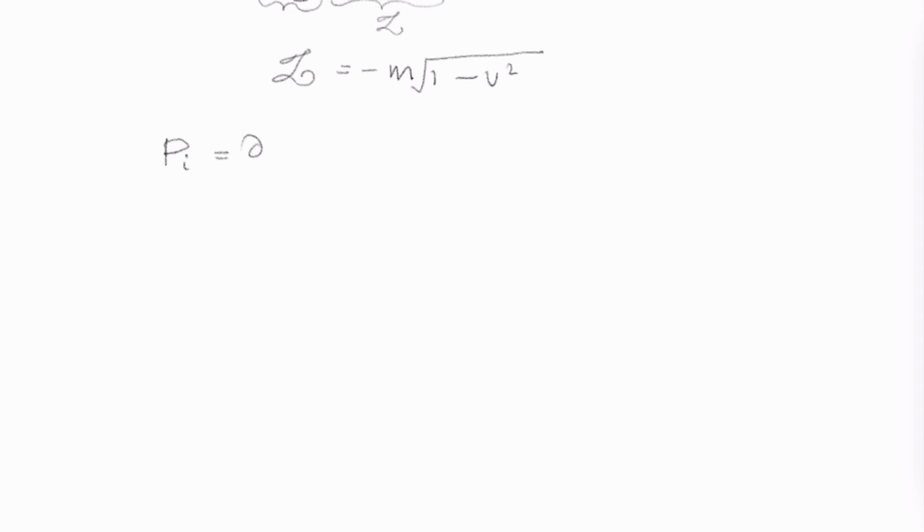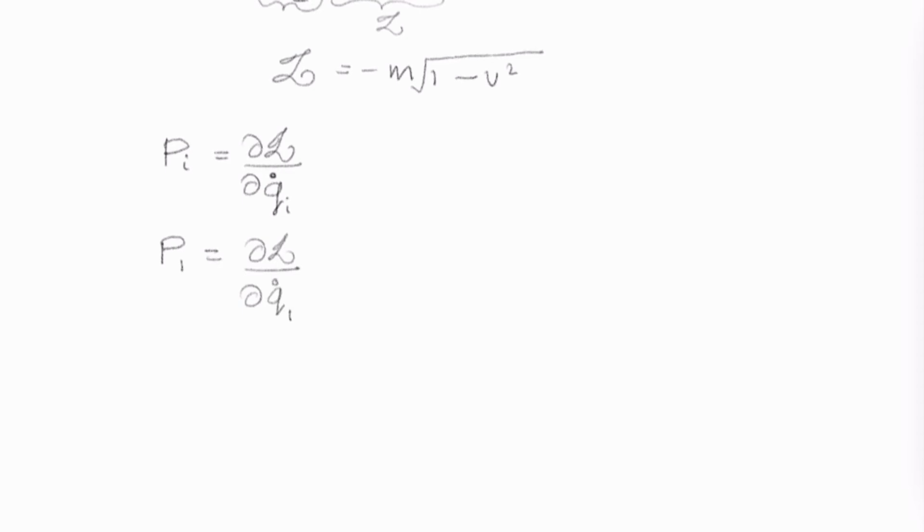So momentum, p_i. If you remember our lecture 5, the definition of p_i is the partial derivative of the Lagrangian with respect to q_i dot. So p_i is dL by dq_i dot. So p_1 is dL by dq_1 dot.